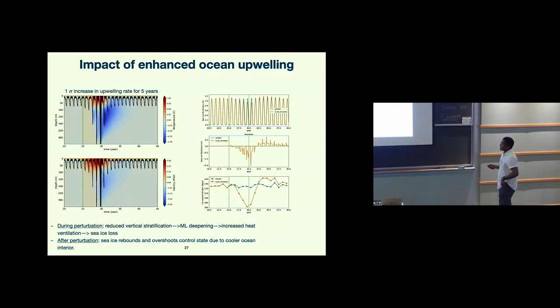And so this big ventilation is due to the reduction in stratification that enhances entrainment. And the result is this declining sea ice extent, declining sea ice thickness, and it also shortens the sea ice season. And then afterwards, there's this rebound that happens because now you have a cold ocean, and so the sea ice can grow more rapidly.